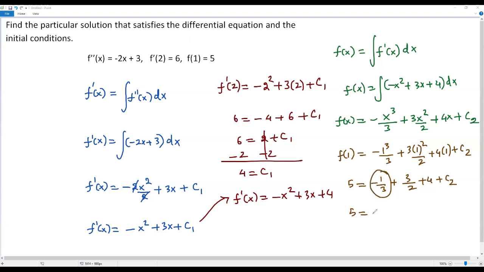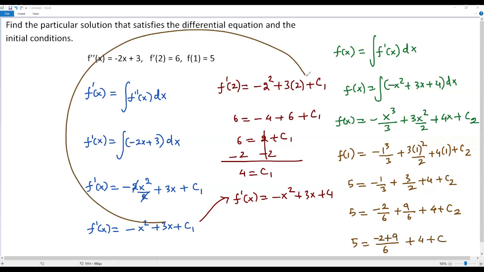When I multiply both numerator and denominator by 2, I'm getting negative 2 over 6. Here I have to multiply both numerator and denominator by 3 to make the denominator 6. Then I'm getting 9 over 6, positive 4, positive C2. Okay, now 5 equals, now we can take the denominator in common because we have the common denominator for both the fractions. So we can add the numerators, negative 2, positive 9, positive 4, positive C2.